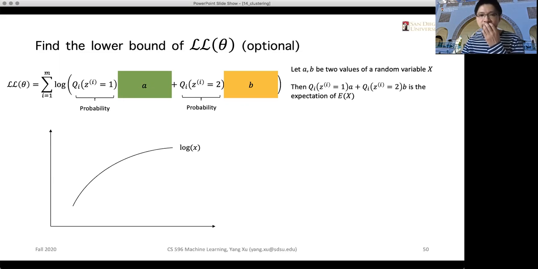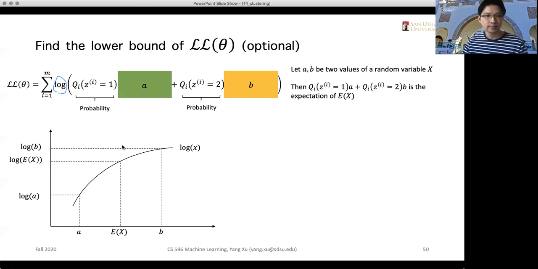So the logarithm is outside this expectation. So the logarithm of the expectation should be here, right?